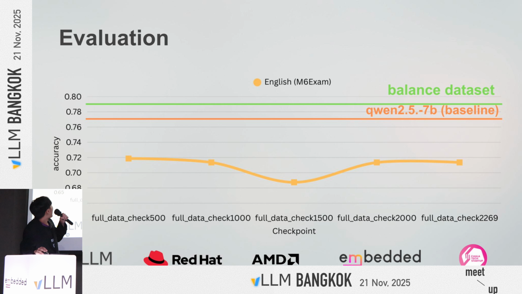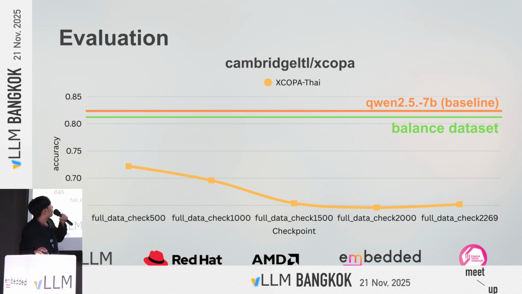Okay, and then we switch to the next evaluation. It's called XCOPA. XCOPA is one of the datasets that involves translation. That means if the model doesn't have the skill to translate, its score is going to be worse.